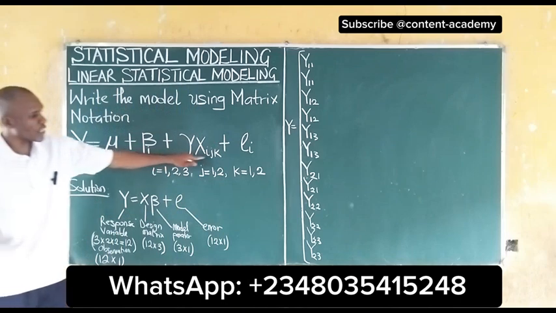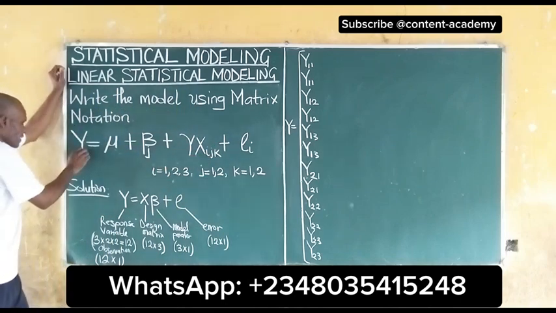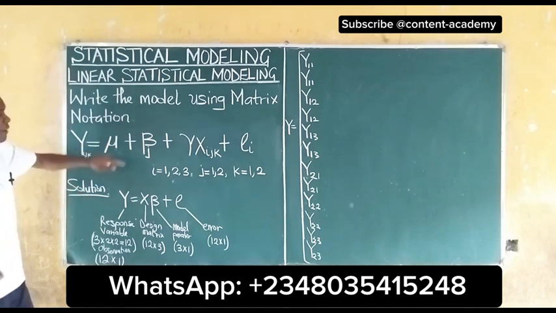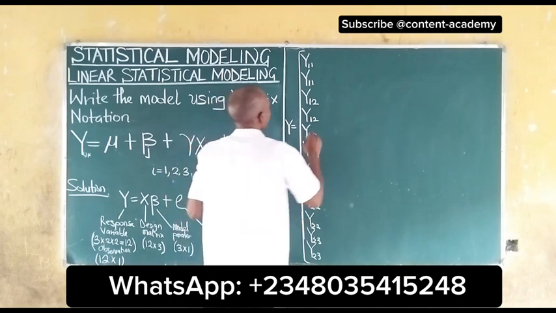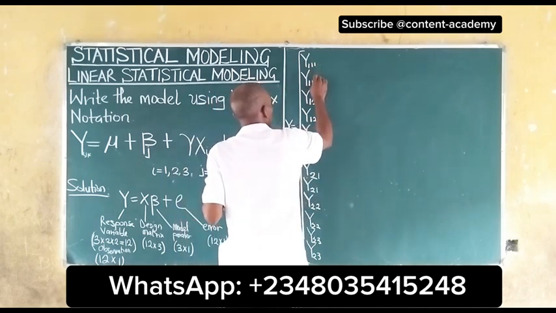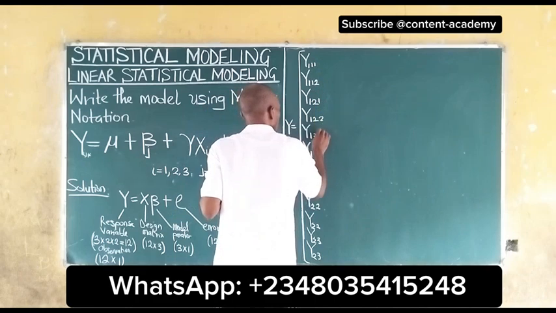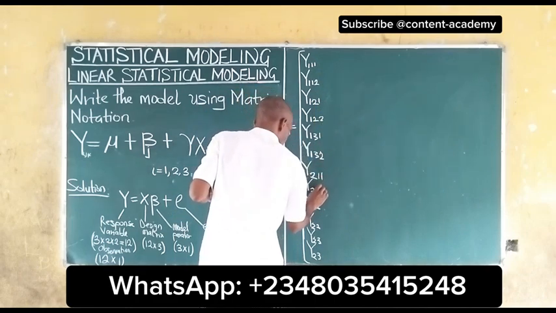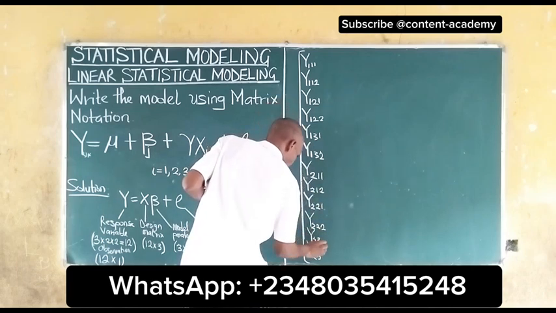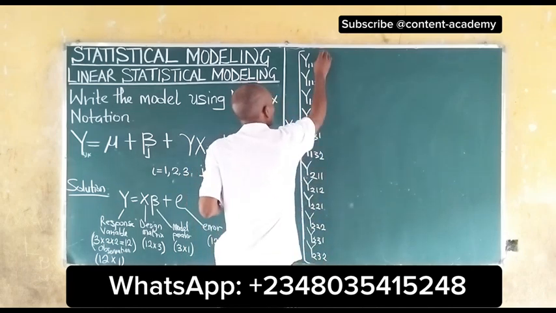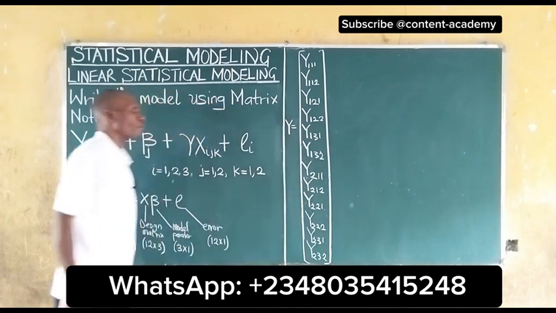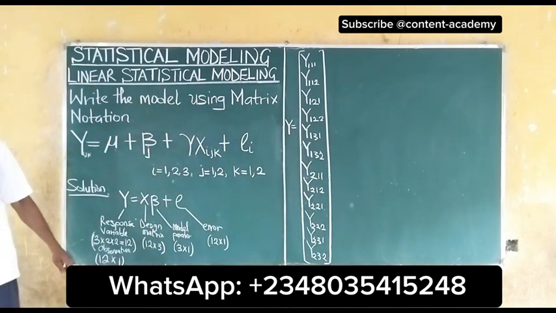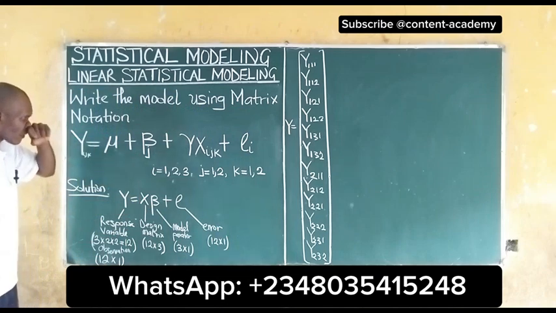The next one, which is k, is like writing our y_ijk here, because it's a 12 by 1 matrix. So we have 1, 2, 1, 2, 1, 2, 1, 2, 1, 2, 1, 2. This is how we can compute our values for y.